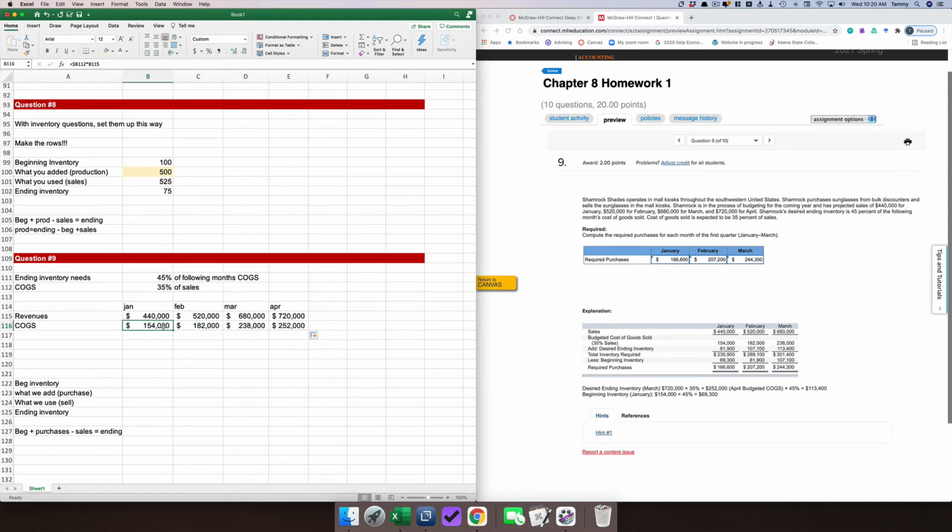Now each month we have to begin with how much? 45% of that month's cost of goods, right? If we have ending inventory, our beginning inventory is going to be last month's ending inventory.